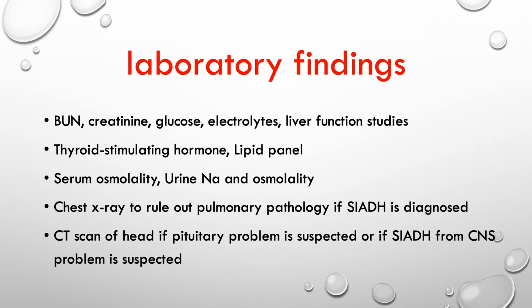The initial laboratory assessment should include serum and urine electrolytes, and serum and urine osmolality. In clinical practice, ADH levels are not measured, and urine osmolality is used as a surrogate for ADH activity. Additional testing, such as thyroid and adrenal function tests, may be warranted in the appropriate context.